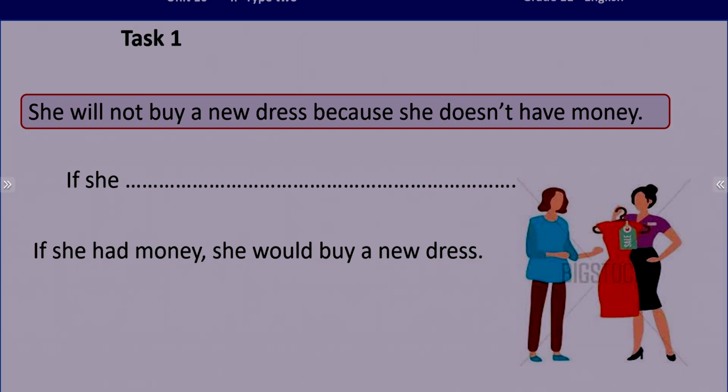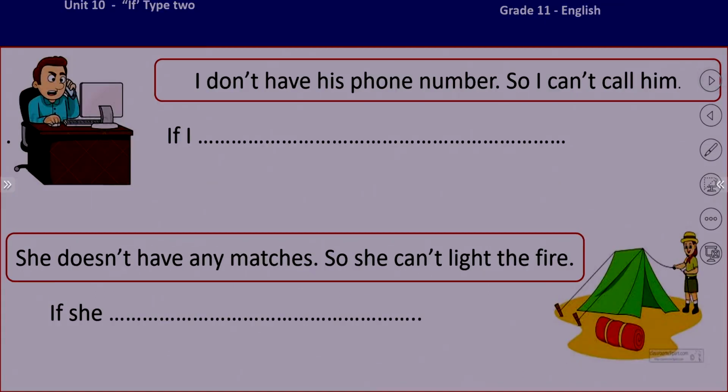Right. Another statement like that. You have two here. There are pictures. Let me read the sentences for you and you better try on your own. I don't have his phone number, so I can't call him. Right? So once again it starts with an if clause.